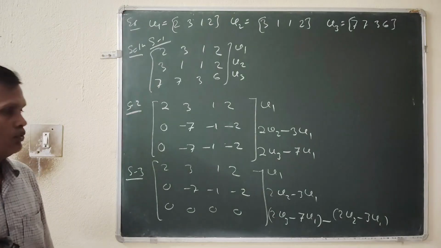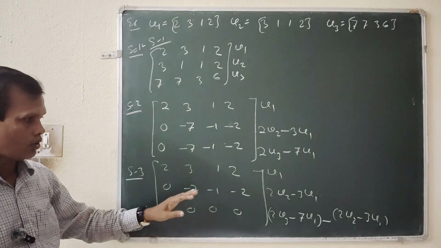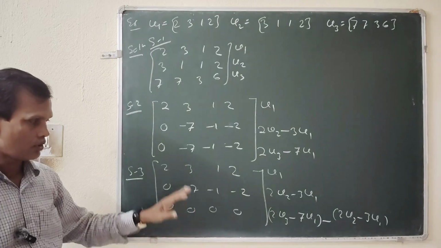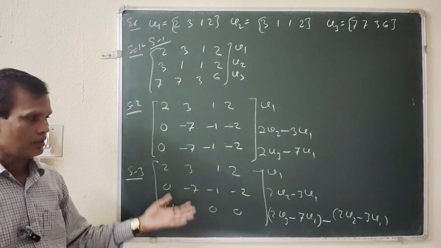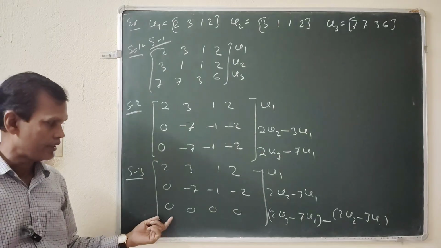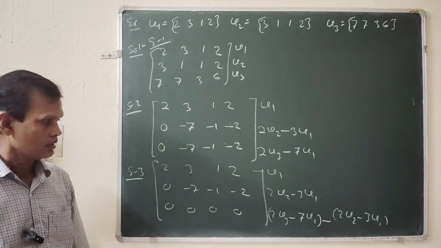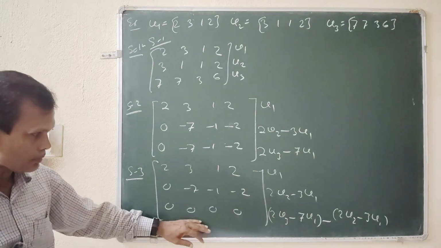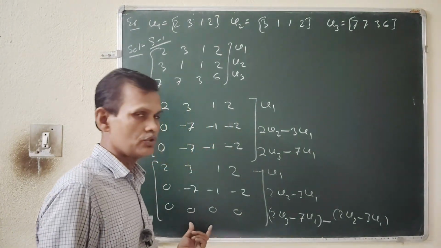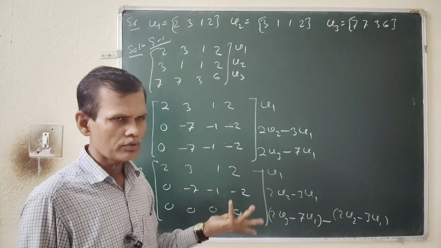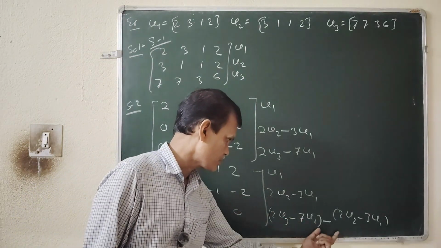Now we will draw the conclusion. After all the row operations we get a row reduced form. If in the last step we get a 0 row, then we write how that 0 row is formed and set it equal to 0. If we are not getting a 0 row, we do not write anything. If we get a 0 row, we write the corresponding expression.